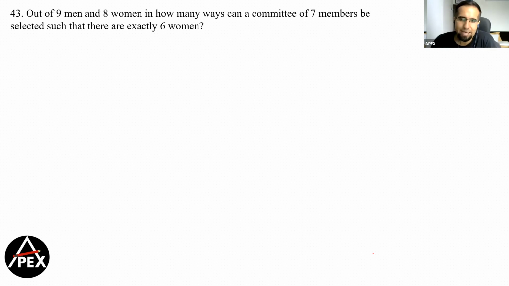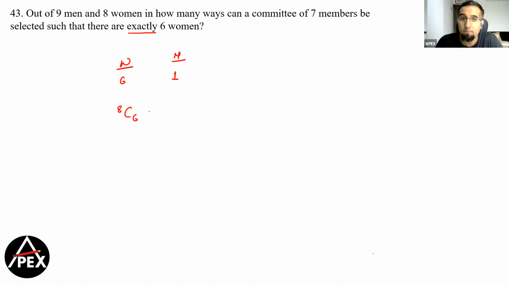I want exactly 6 women here. Please remember, whenever I'm saying exactly 6 women, I have to take care of the remaining part. If women are exactly 6 and I want a committee of 7, that means the number of men has to be 1.